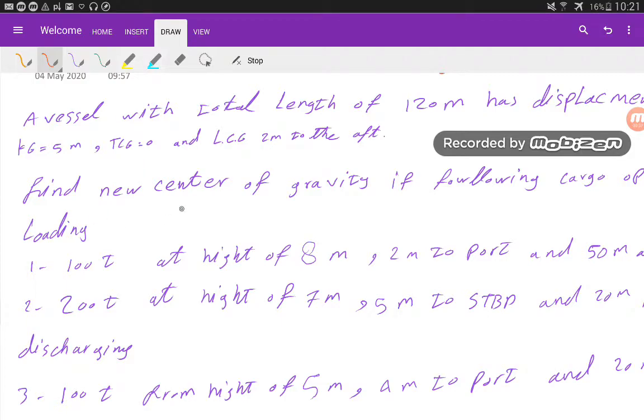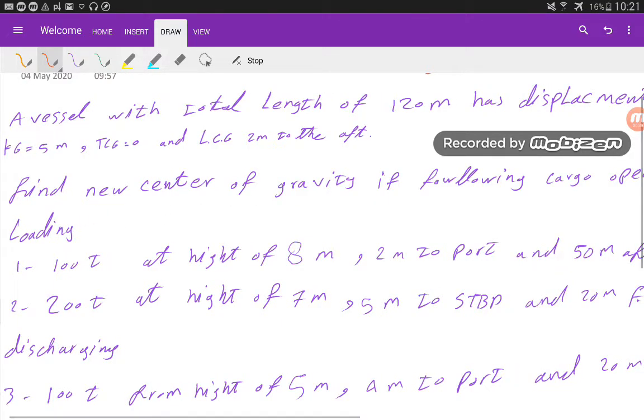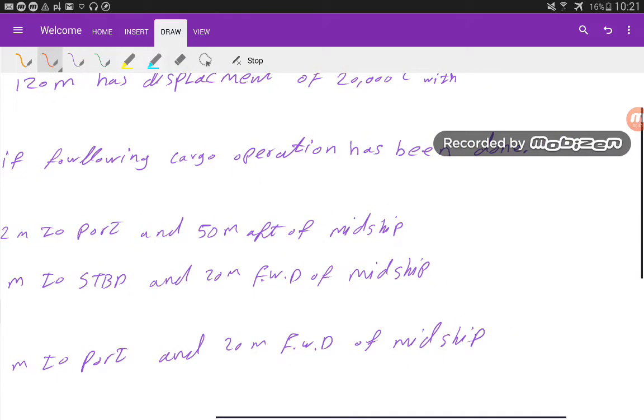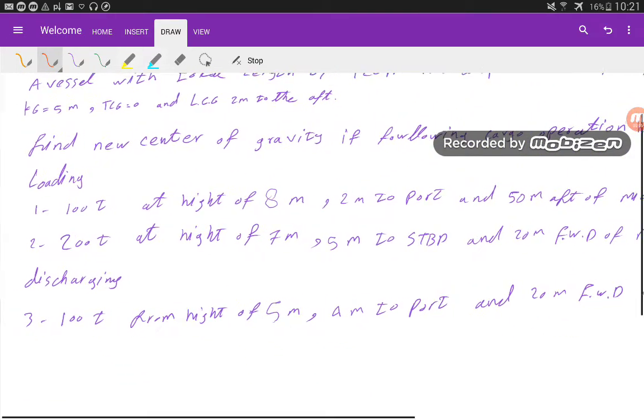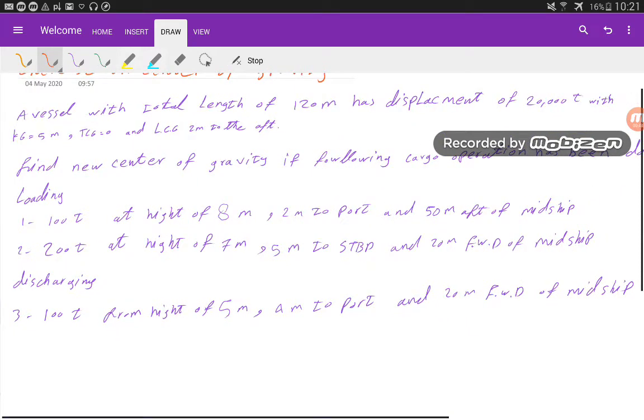Now we want to find the new center of gravity if the following cargo operation has been done. You are going to load 100 tons of cargo at a height of 8 meters, 2 meters to the port, and 50 meters aft of the midship.